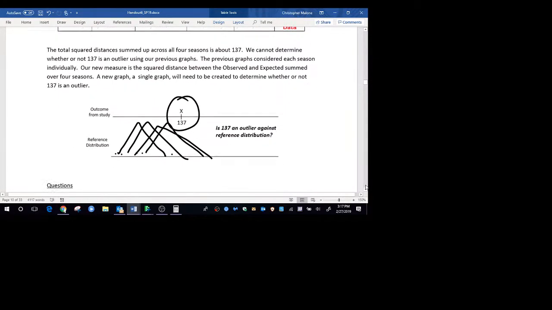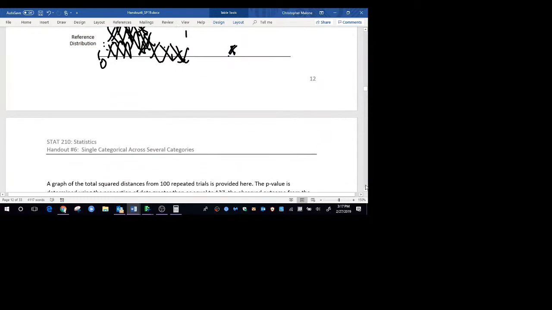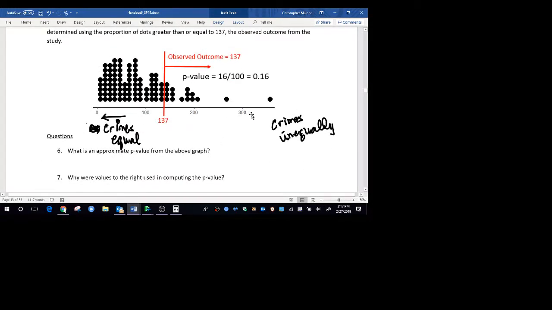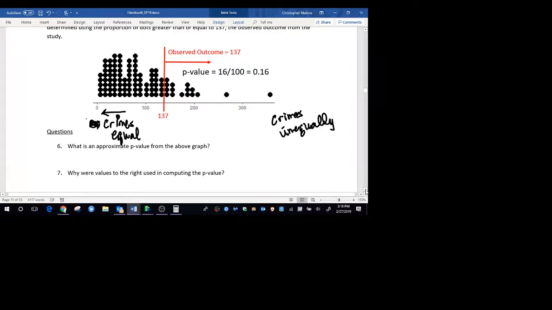What that means for my p-value is I only want to be counting dots to the right here, because these up here say that I'm far away from what I expect. The squaring ensures that it's these high values way up here. I don't have to worry about being very low because of the squaring. So anything that's far away from what I expect is going to be a positive value here, and for that reason I'm counting only values to the right. But again, I'll say this one more time: this test is a two-sided test. It's just that I'm counting p-values on only one side.